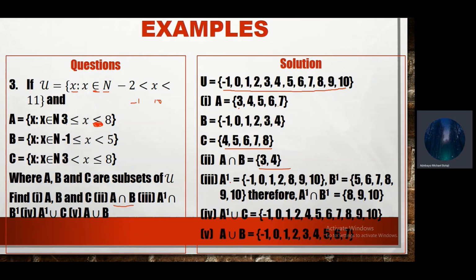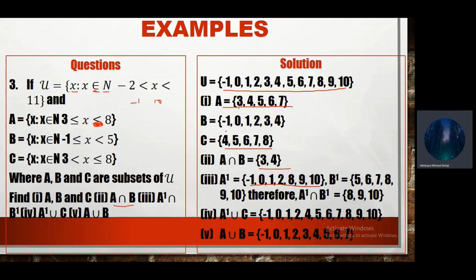Now the third question says we should find A complement intersection B complement. To do that, we have to find our A complement first. A complements are those elements in the universal set but not in set A. So all the elements here are not in set A, but they are in the universal. Is that okay?